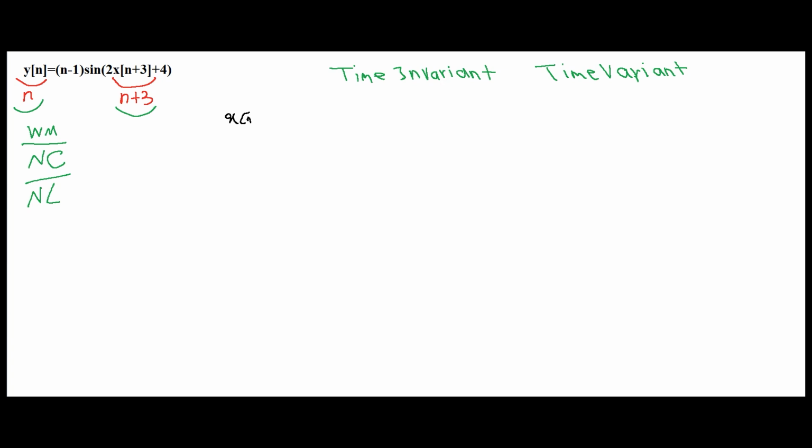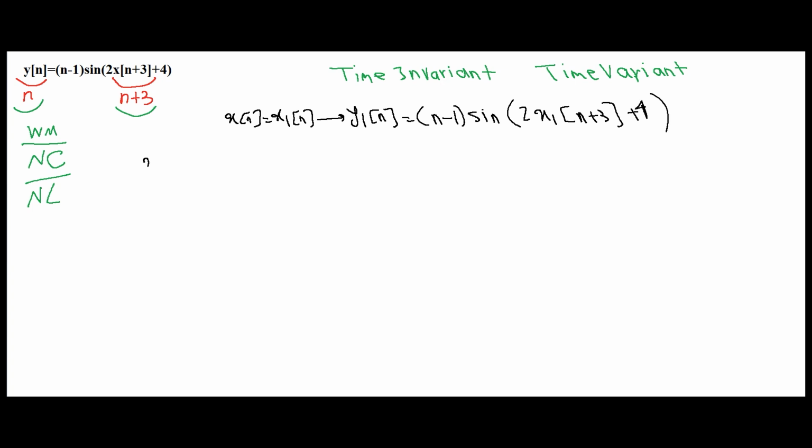The next property is to determine whether the system is time invariant or time variant. For this, we proceed as follows. First, we apply input x1[n] and obtain y1[n] as shown. Then we apply input x2[n] and obtain y2[n] as shown.